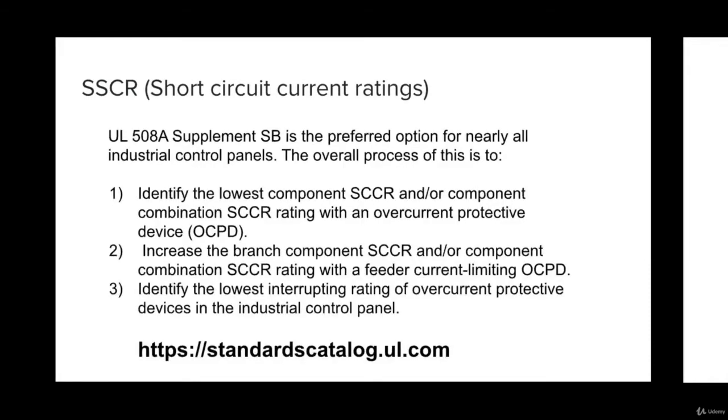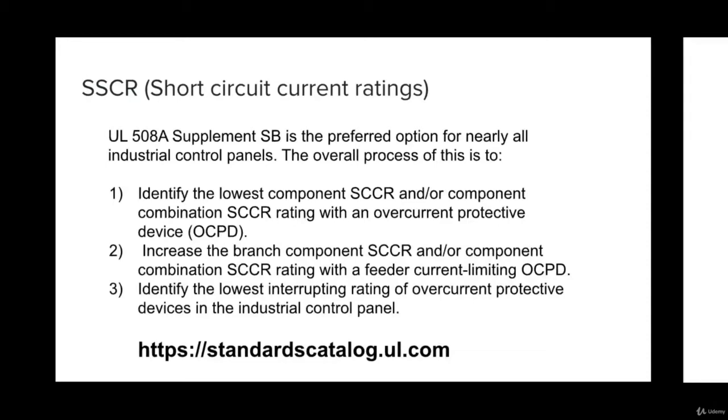So there are standards while designing your industrial control panel. UL508A is very important and widely used in industrial control panels. There are various standards, but we have to look at the 508A. There is an overall procedure to find out your SSCR and how you are going to take it. There are steps or rules.